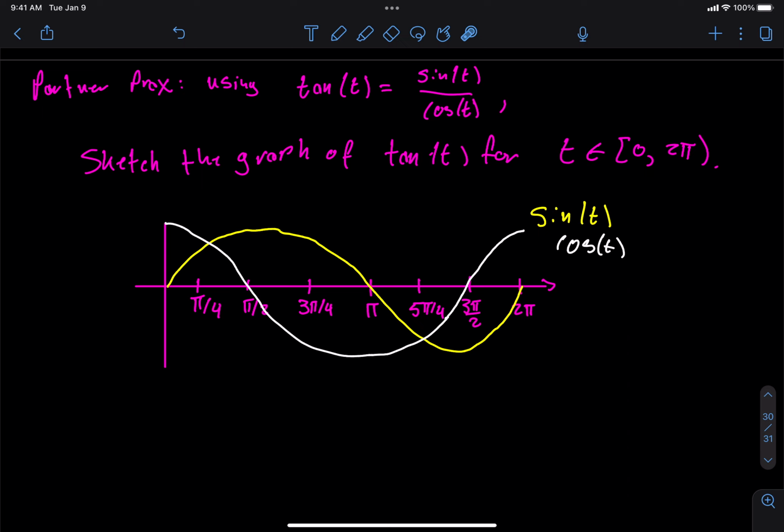Yeah, I agree with you. Isn't it one over two?